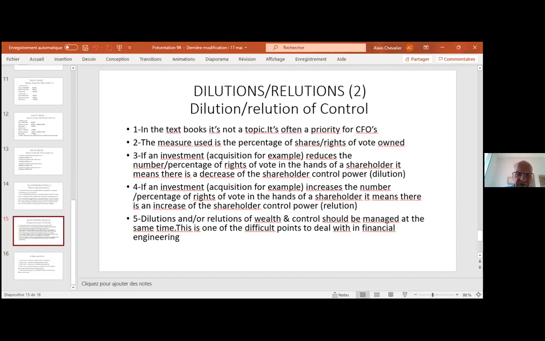And we'll see later in our courses, mainly in M&A, that one way to manage that kind of situation is to use hybrid products to increase the debt capacity, using leasing contracts, and also to use other hybrid products like convertible bonds, which are very popular, but also preferred shares.